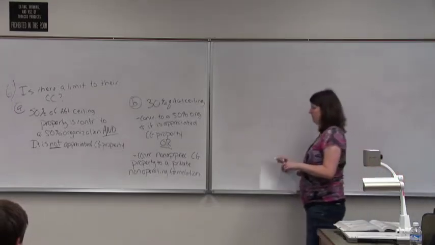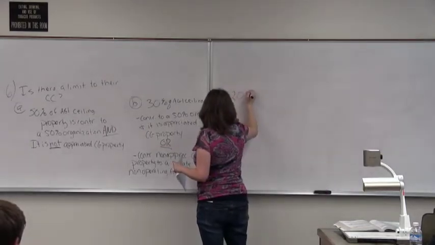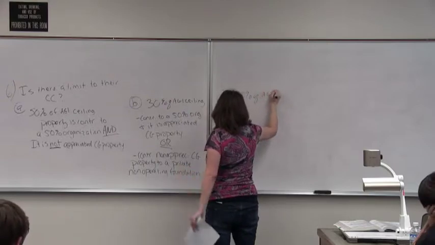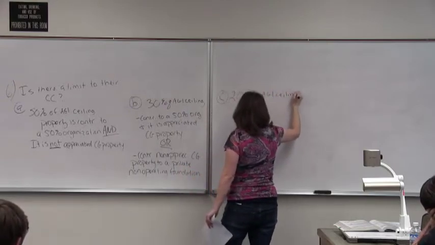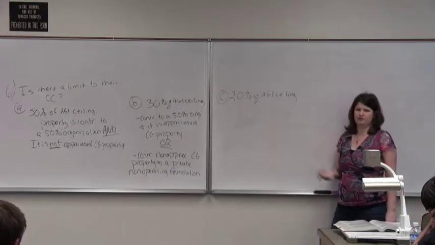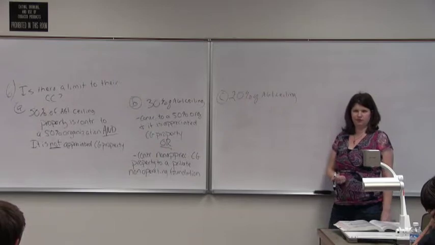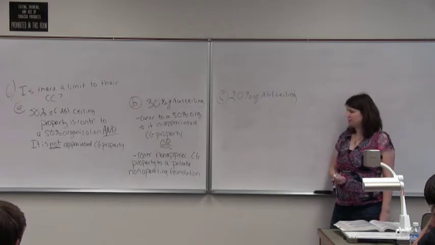Okay? And the last limit, which is the 20% of AGI ceiling. Can you guess which category of property is going to fall into this one? What do you think? It's right.